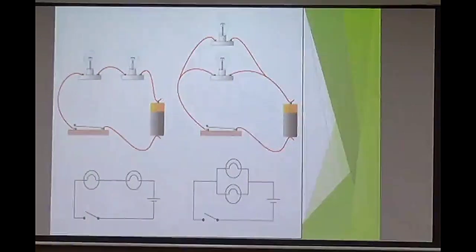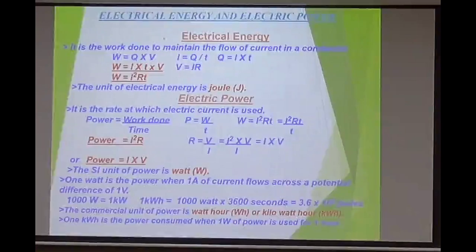Now, we have discussed combination of resistors. We have discussed the current flowing through those resistors. What is making the current flow? The potential. Now, we have to discuss electrical energy, the energy which is making all this happen. Now, what is electrical energy?